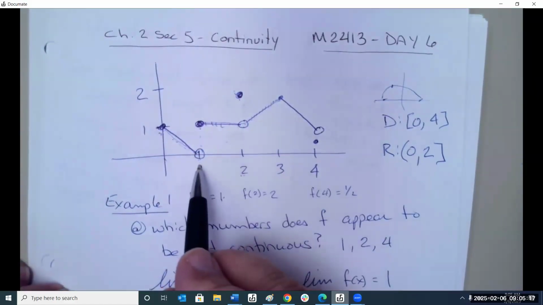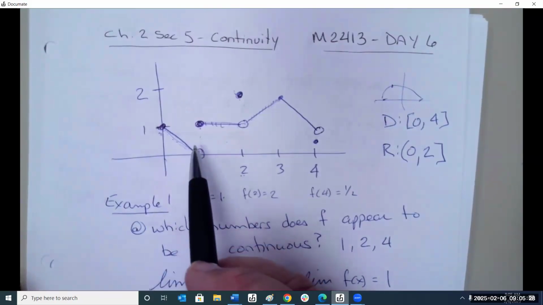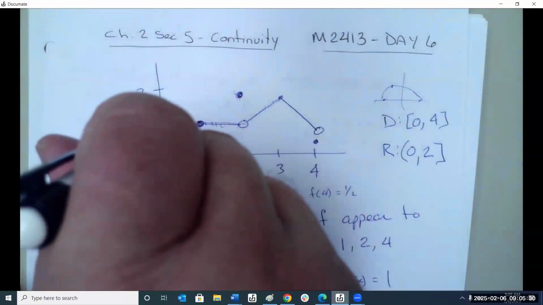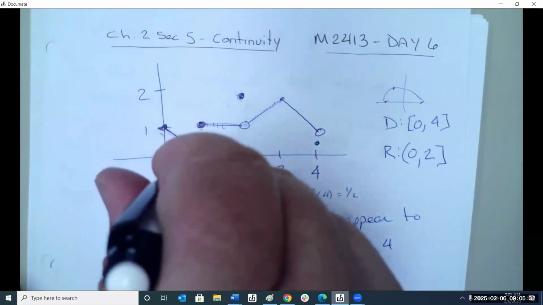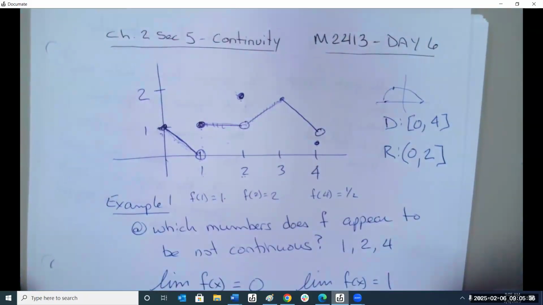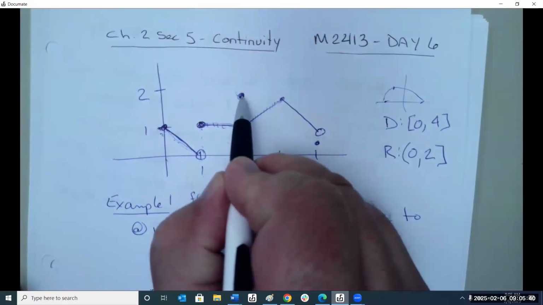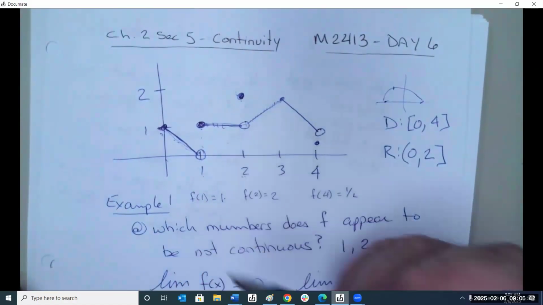So is it continuous at 1? Is the function continuous at 1? No. Well, obviously, you can see that. If I start here, can I draw a line? Can I continue that line? No. So no. How about at 2? Is it continuous? No. Same reason. If I go this way, I have to go here, then I have to go back here.